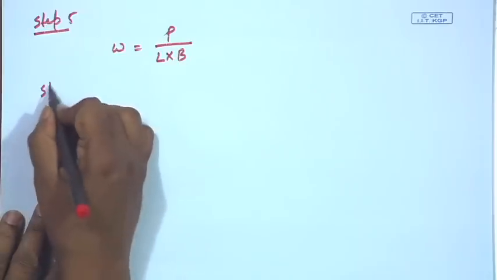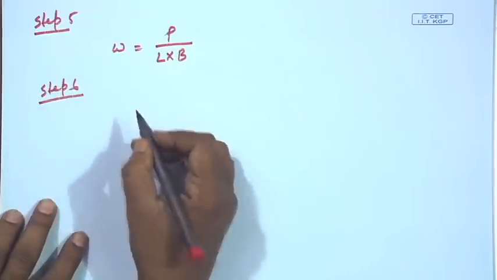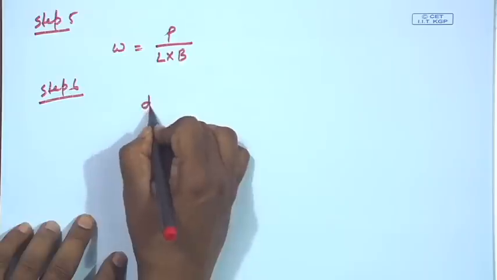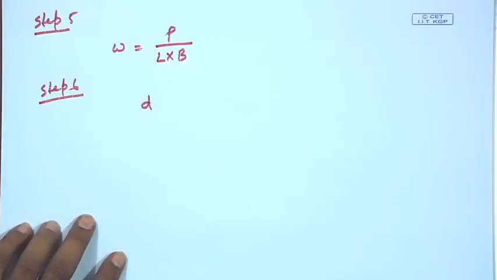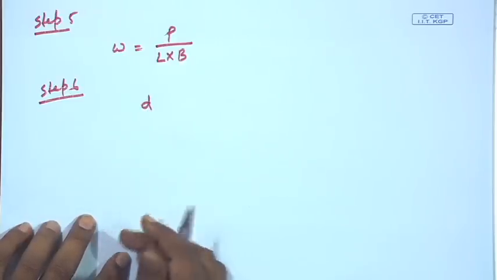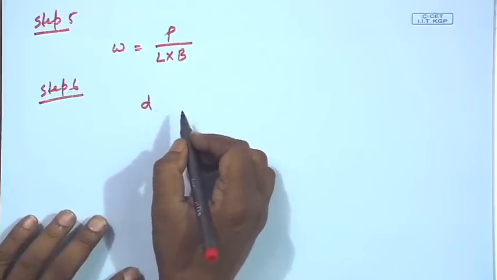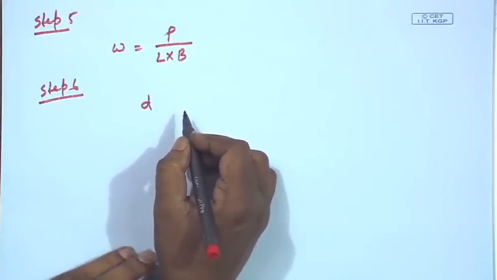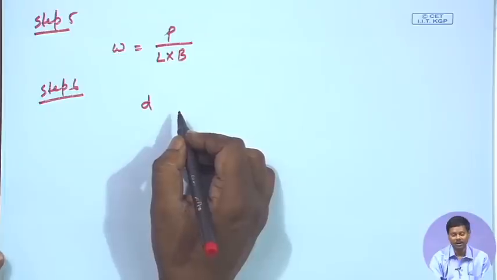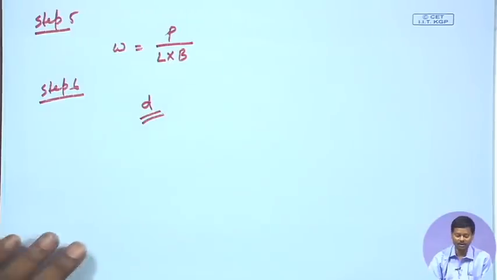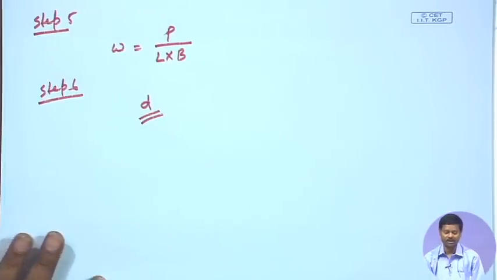Now, in step 6, we can find out the thickness of the base plate from the formula which is given, or we can calculate the total moment at the critical section, and then by equating we can find out the depth of the critical section.